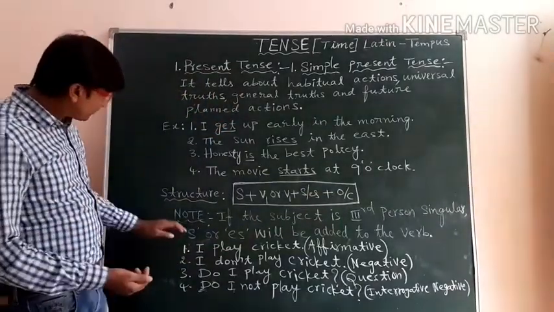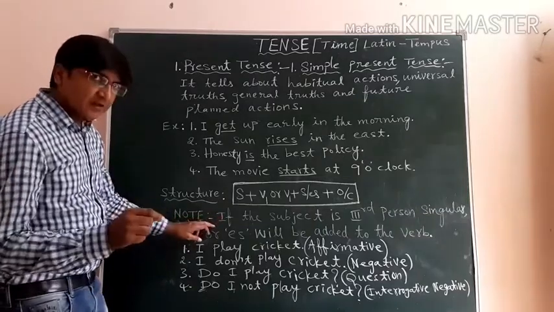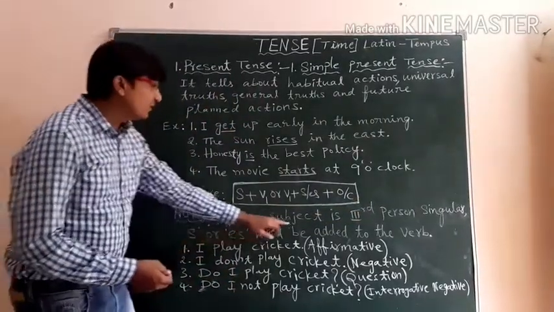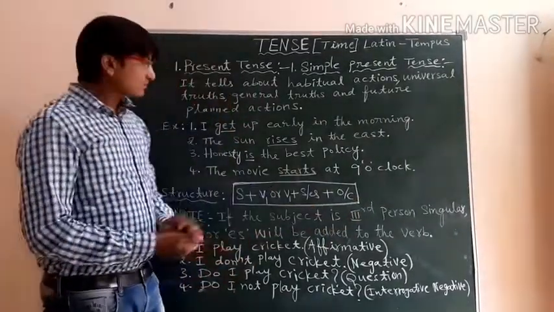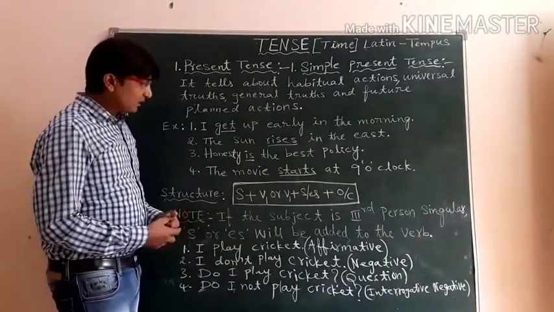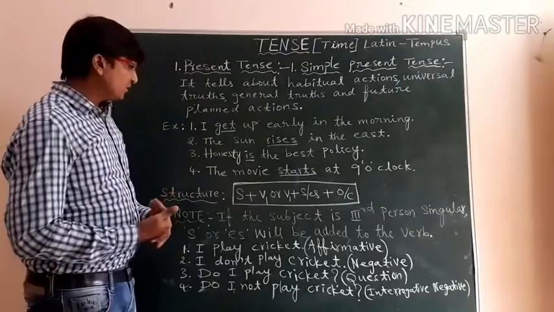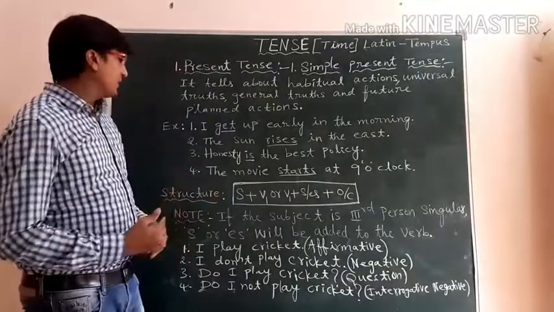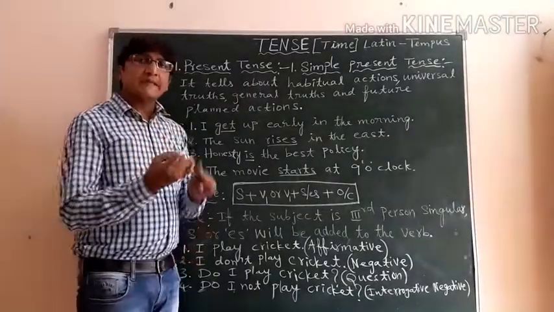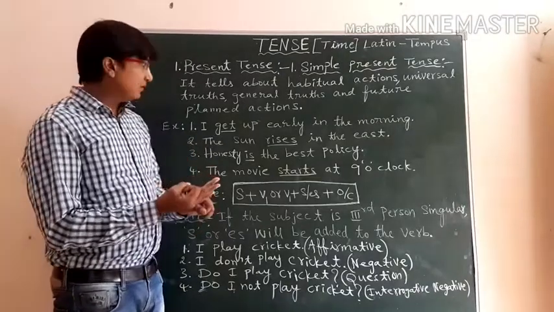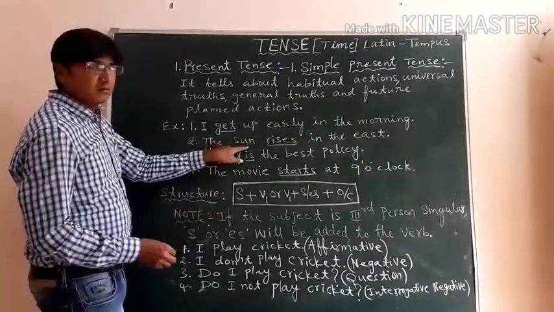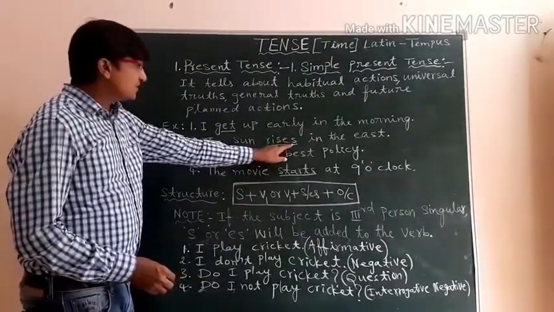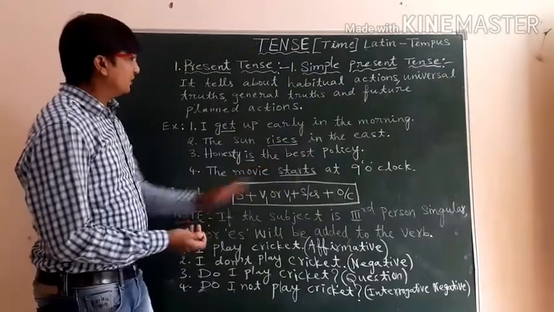And a very important note: if the subject is third person singular, S or ES will be added to the verb. Always, if the subject is third person singular, we are supposed to add S or ES to the verb. I have explained to you, third person singular means he, she, it. Here the sun means it, a third person singular. That's why S is added to the verb rise.